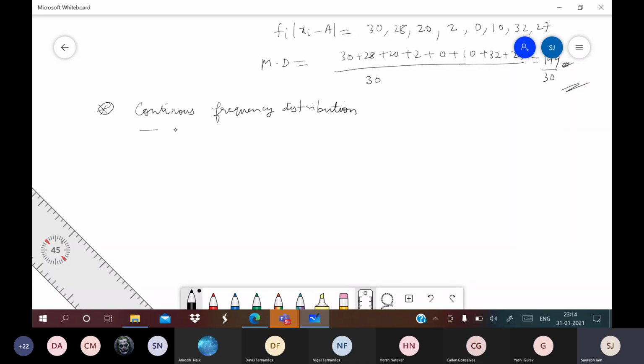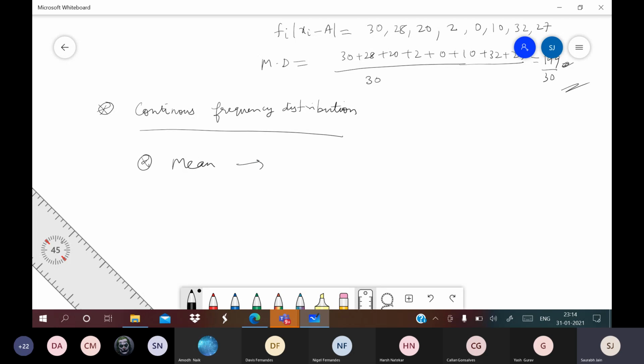See, in continuous distribution, some class interval is given, and you have to find the mean. The only difference will be that some working will be different in finding the mean and median.